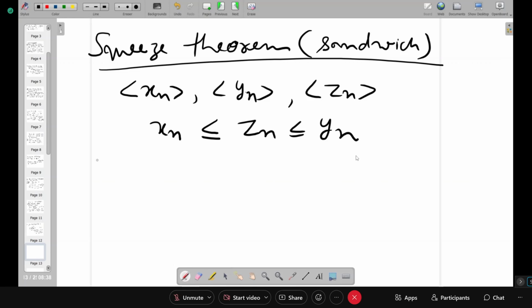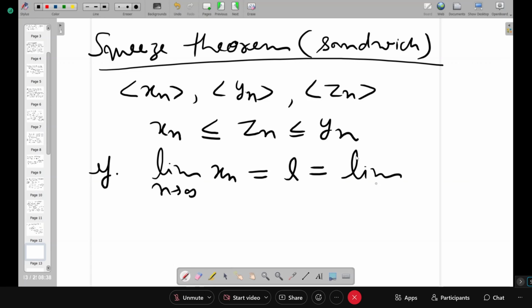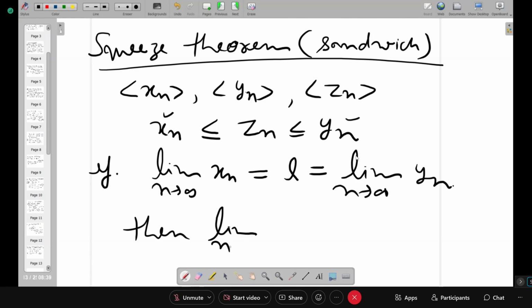Then if the limit as n tends to infinity of xn is equal to L, which is also equal to the limit of yn, then you can say the limit as n tends to infinity of zn is also L. This is the squeeze theorem or sandwich theorem.